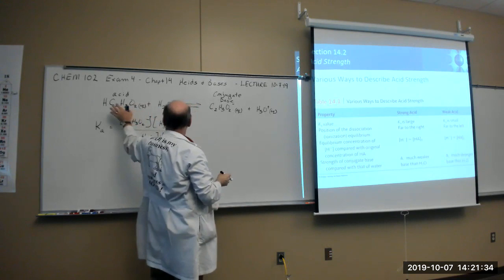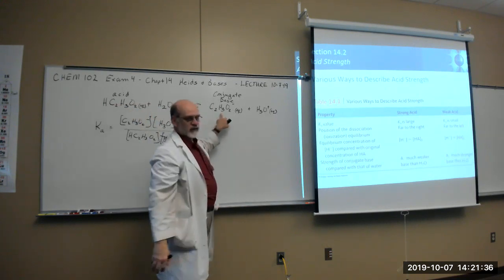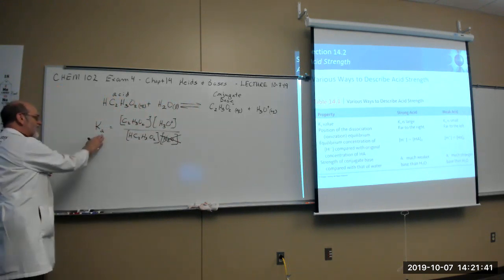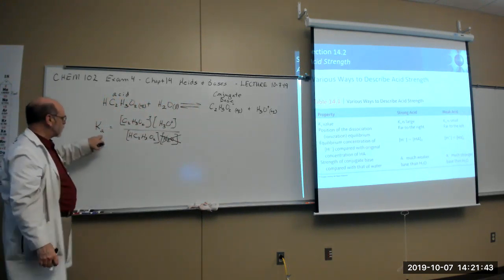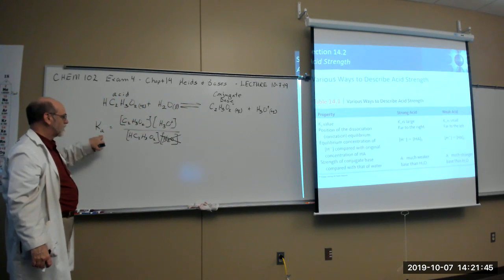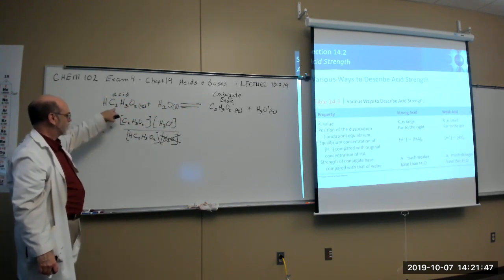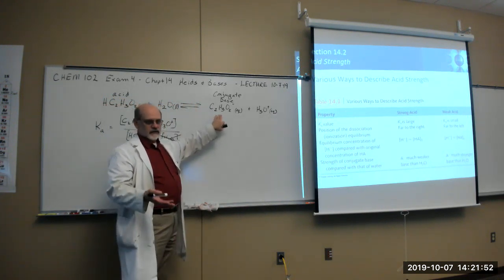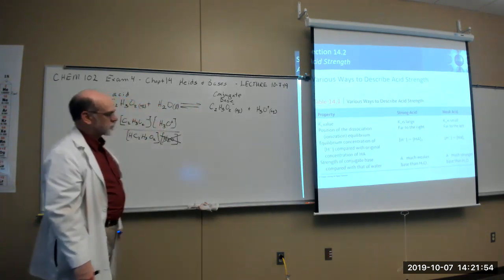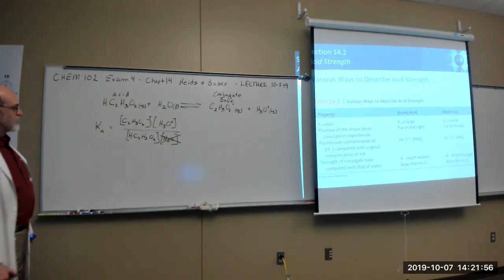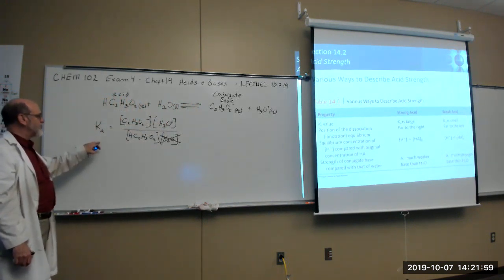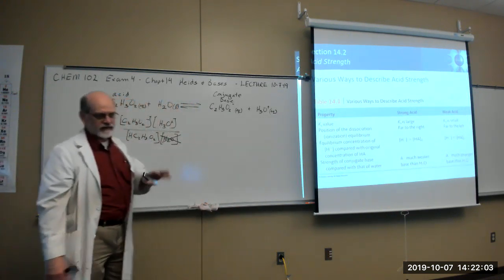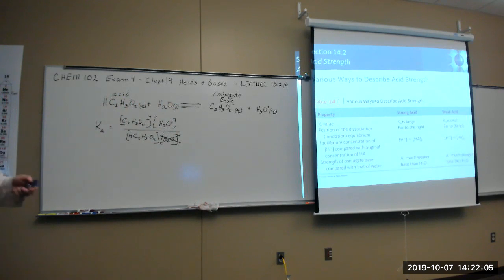So that makes weak acid, strong conjugate base. So related to the Ka, if the Ka is very small, that means you have a weak acid. And that just means that your conjugate base is strong. Now you can write a Kb expression for this conjugate base, but we haven't got to that step yet. So in case you're wondering.